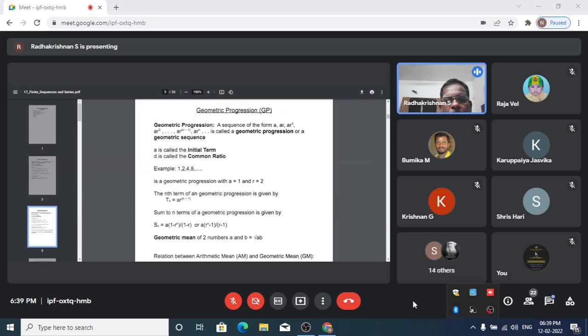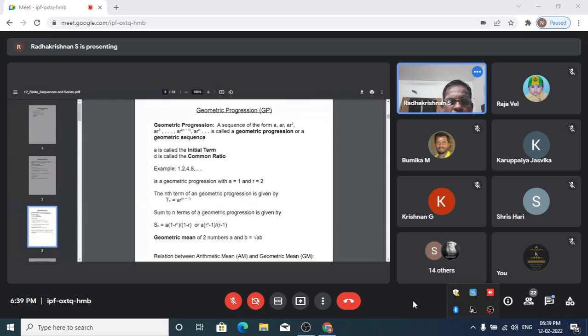So depending on whether r is greater than 1 or less than 1, we choose one. Obviously, if r is greater than 1, we choose the second one, r power n minus 1 divided by r minus 1. If r is less than 1, we choose the first one, 1 minus r power n divided by 1 minus r. The geometric mean of two numbers a and b is given by the square root of a into b.